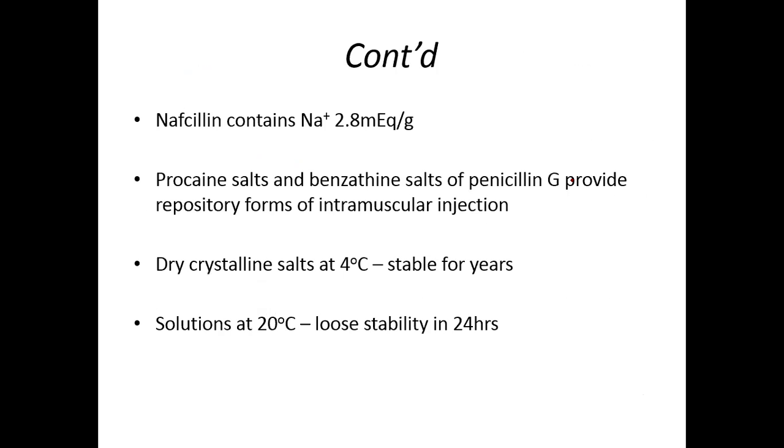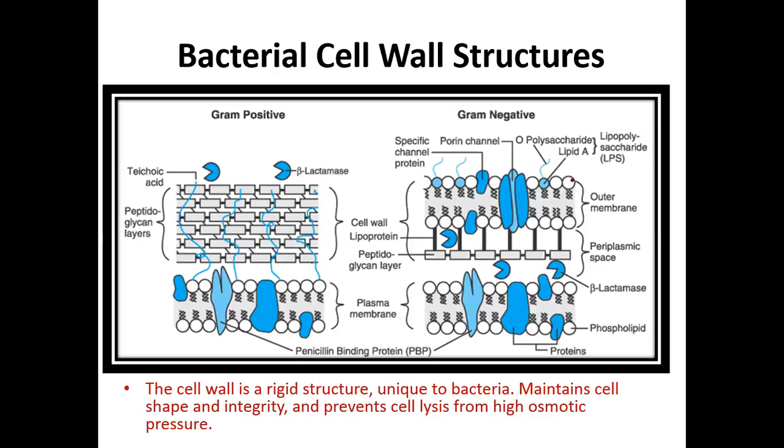Okay. Now I'm going to talk about the cell wall, and then tell you about methicillin resistance, and I will close this particular lecture. Now remember that the gram-positive organisms differ from the gram-negative because of this.